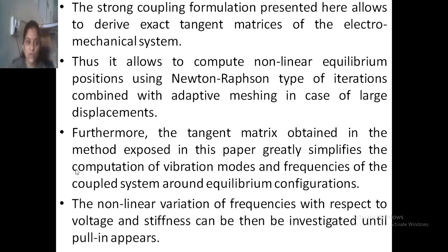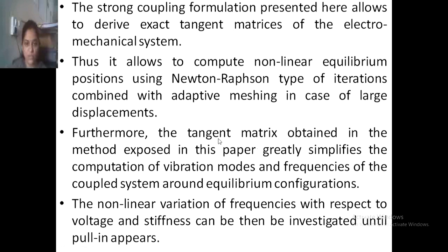From that, the strong coupling formulation presented here allowed us to derive exact tangent matrices of the electromechanical system. Thus it allowed us to compute nonlinear equilibrium positions using Newton-Raphson type iterations combined with adaptive meshing in case of large displacement.